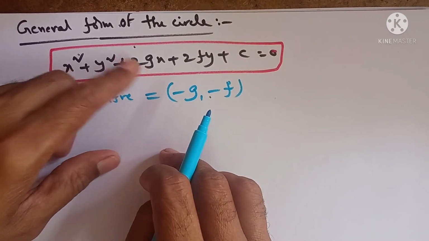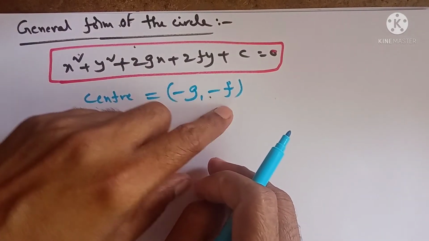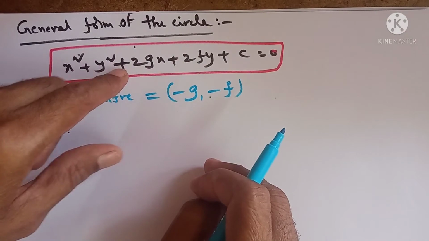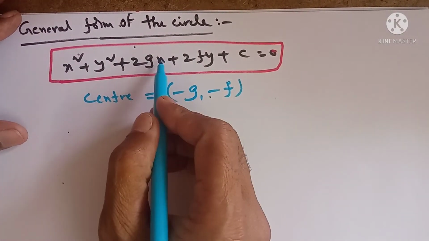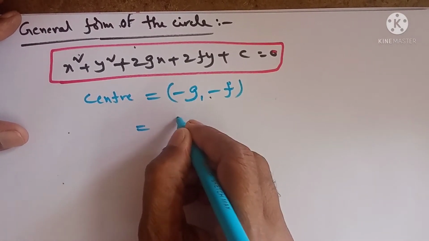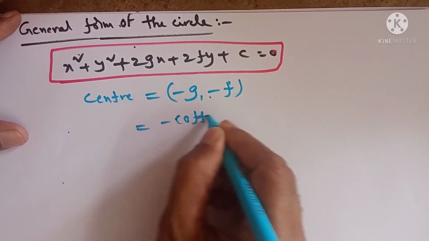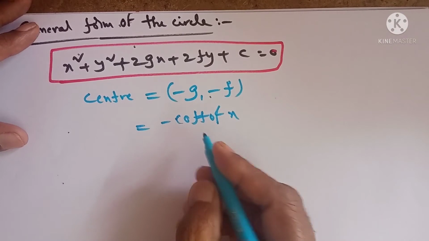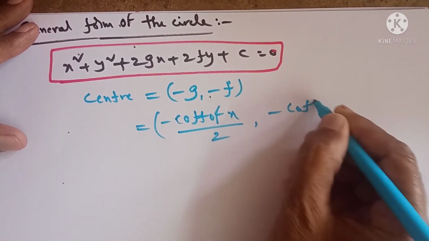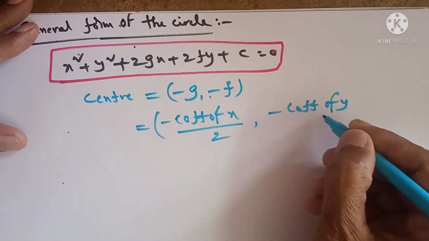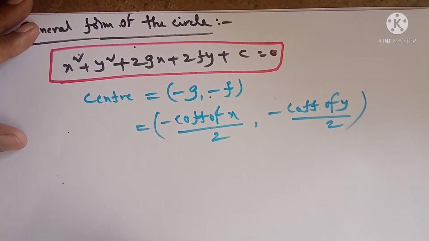If there is a positive here, we will get negative. If there is a negative symbol, we will get positive here. That means minus of coefficient of x by 2, minus of coefficient of y by 2.